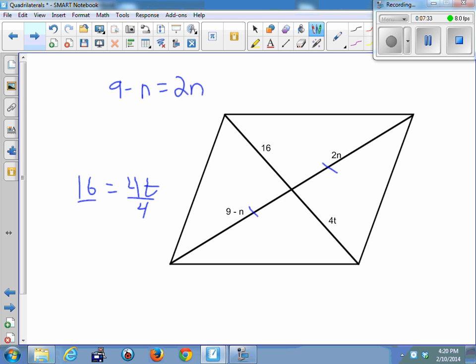Divide by 4 here, t is 4. Here, plus n, whoa, 9 equals 3n. Divide by 3, n is 3. So n is 3, so this guy is 6. This guy is 6. 16, and that will be 16 as well.